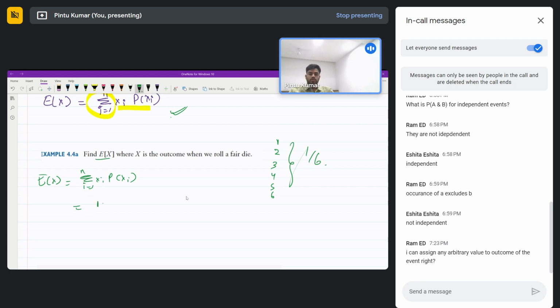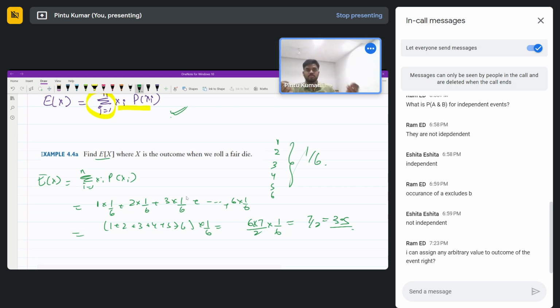This is 1 into 1 by 6 plus 2 into 1 by 6 plus 3 into 1 by 6 and so on till 6 into 1 by 6. This is nothing but 1 plus 2 plus 3 plus 4 plus 5 plus 6, into 1 by 6, which is 6 into 7 by 2 into 1 by 6. This is 7 by 2, it is 3.5. So the expected value of your die roll is 3.5, but you can never get 3.5.